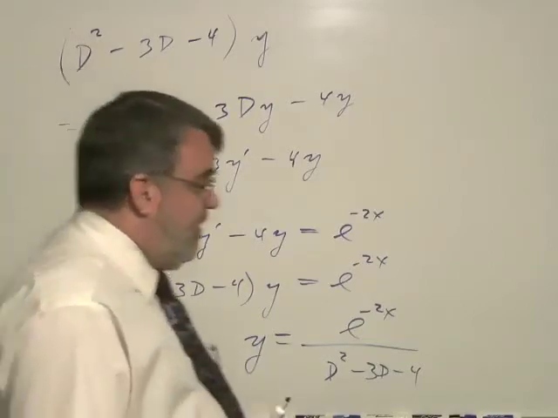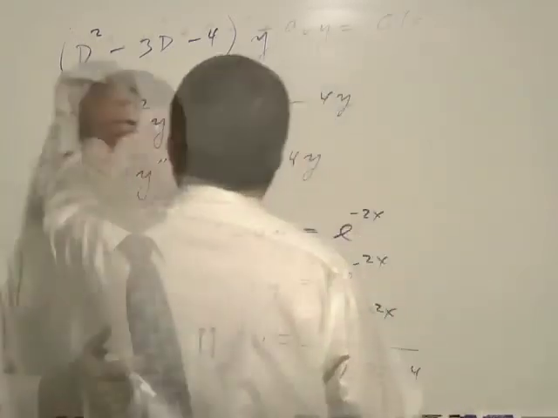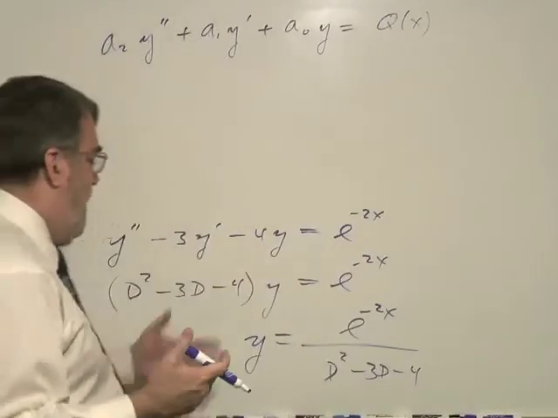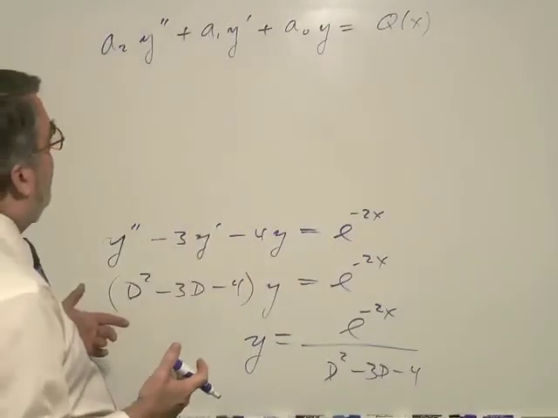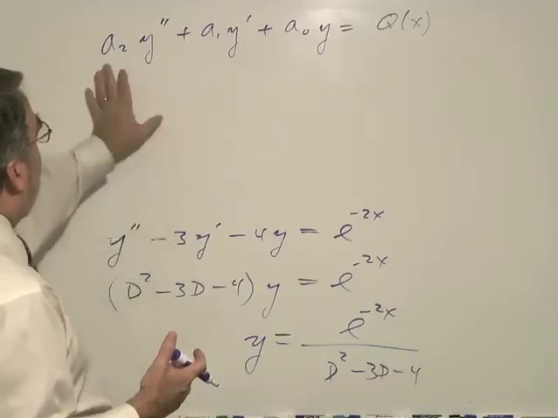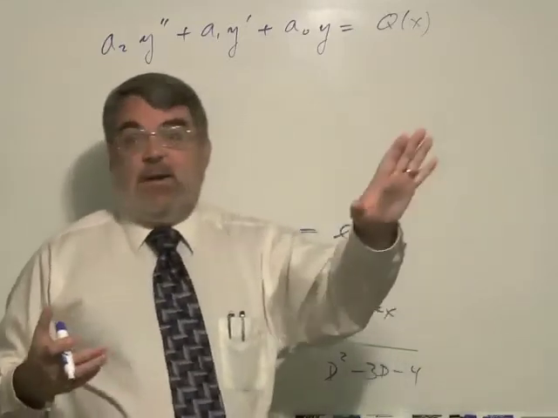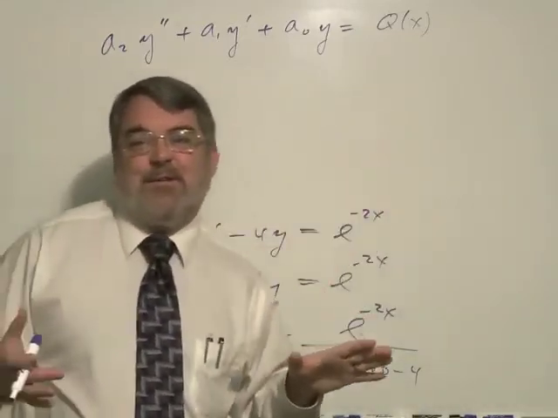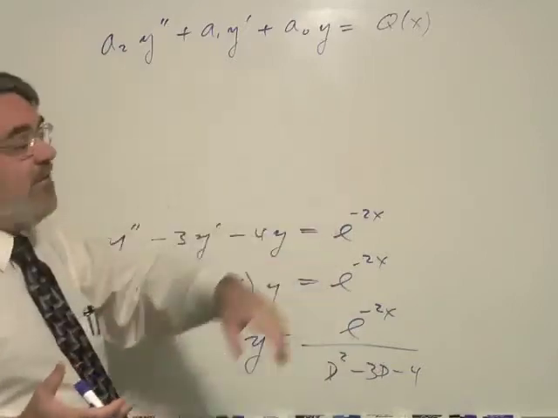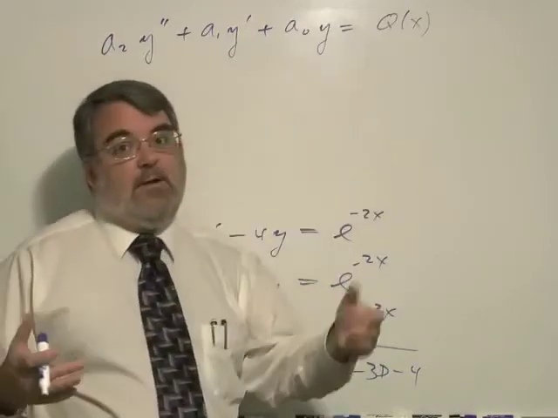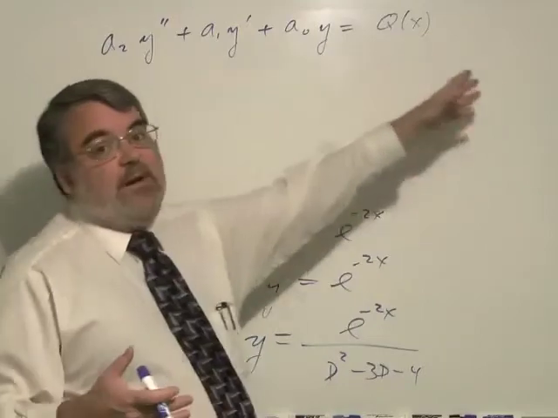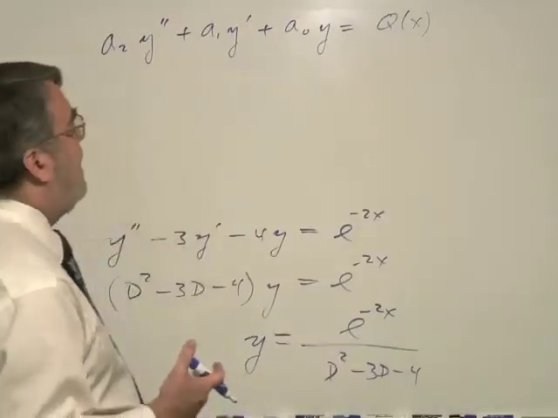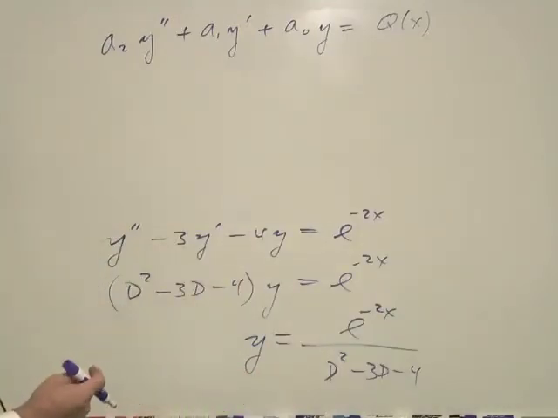All right, let me do just a little more erasing here. Using this example as sort of a guideline, I've gone back to our second order linear differential equation with constant coefficients, a2, a1, a0 constants, equals q of x. In other words, it's a non-homogeneous equation.